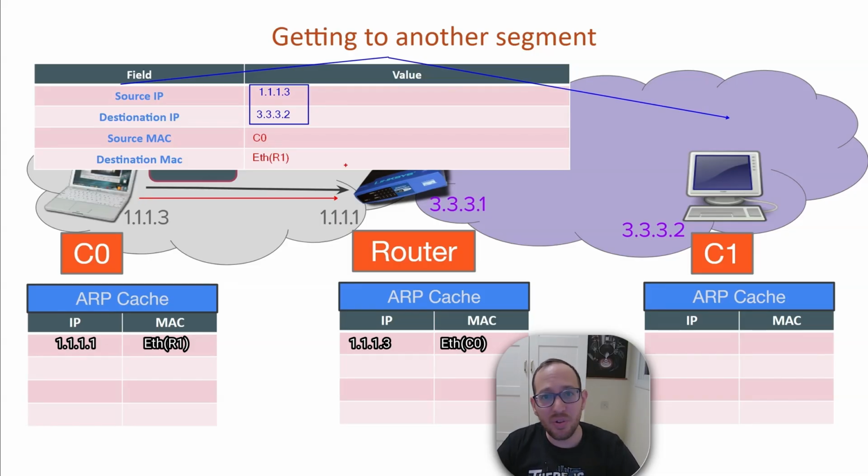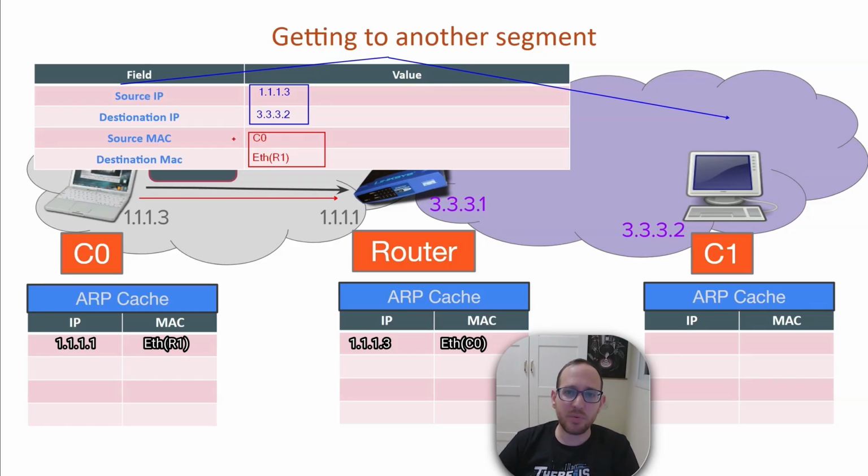And the third layer, the network layer, is responsible for transmitting data over multiple hops. So that's exactly what we can see here in the addresses within the same packet. If I were to look at this packet on Wireshark, in the Ethernet layer, I would see C0 to R1, whereas on the IP layer, I would see C0 to C1. I think that's really cool.